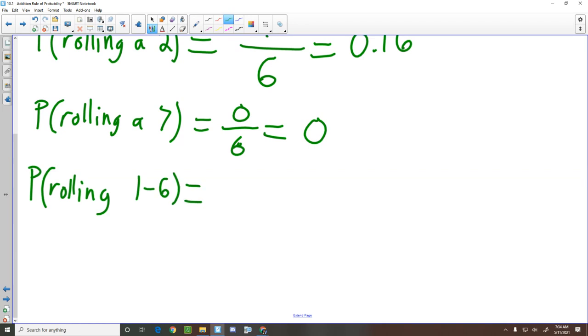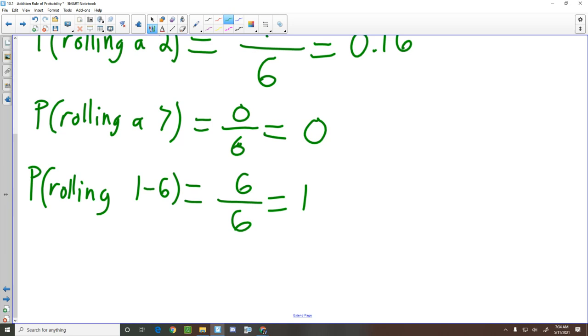What's the probability of rolling one of those numbers on a 6-sided die? Well, they all have that. So there are 6 favorable outcomes out of 6 possible outcomes, right? Numbers 1 through 6. So if you divide that out, you get 1. So your range in probabilities is anything between 0 and 1.